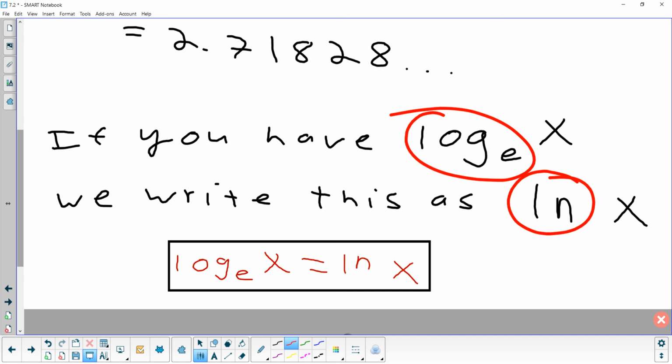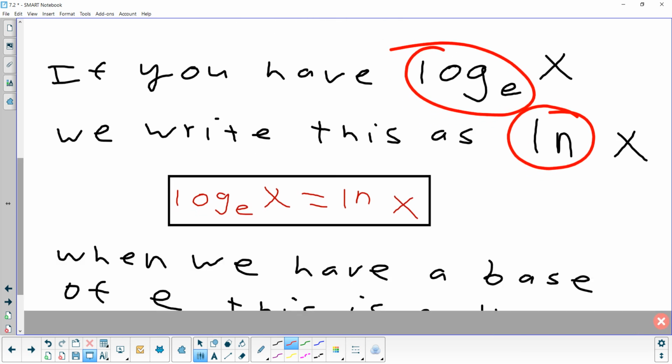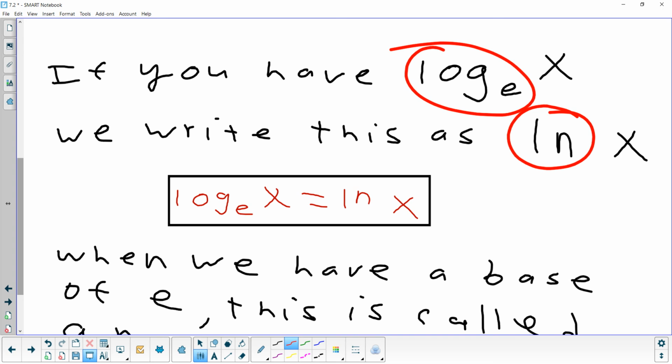You can write it the long way, it's just nobody does. Log base e is abbreviated as ln, and the reason they use those 2 letters is because ln stands for natural logarithm. Why didn't they do NL, natural logarithm, instead of LN? I don't know. But that's what they did.